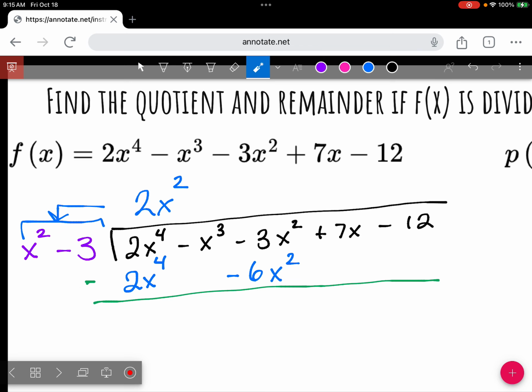So when we do this subtraction, what is 2x to the 4th minus 2x to the 4th? 0x to the 4th, they cancel out. That's the whole point. That first term always needs to cancel out. Our minus x cubed doesn't have anything to subtract from it, so it just drops on down. I have negative 3x squared minus negative 6x squared.